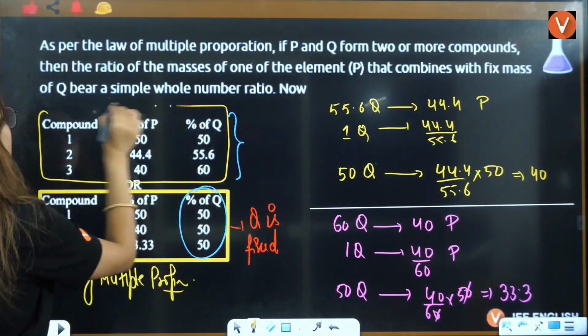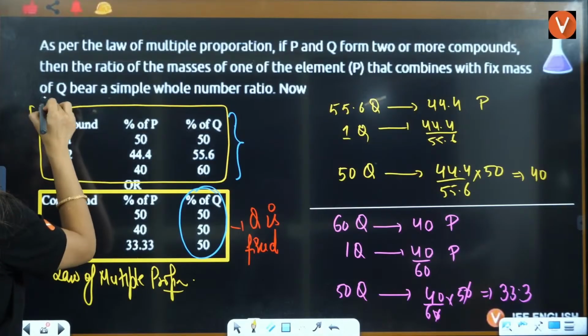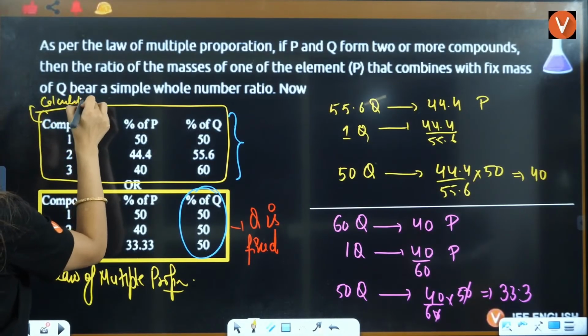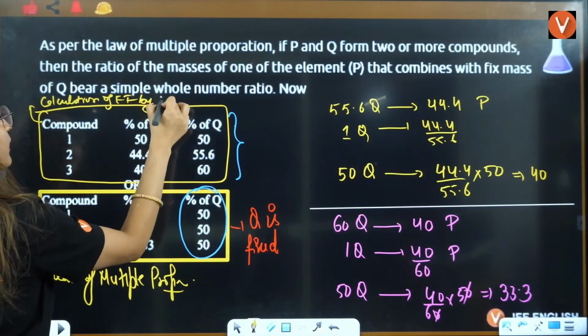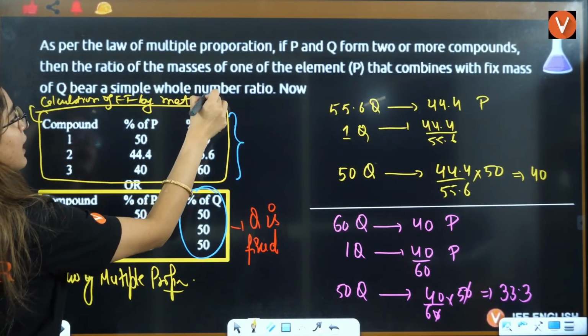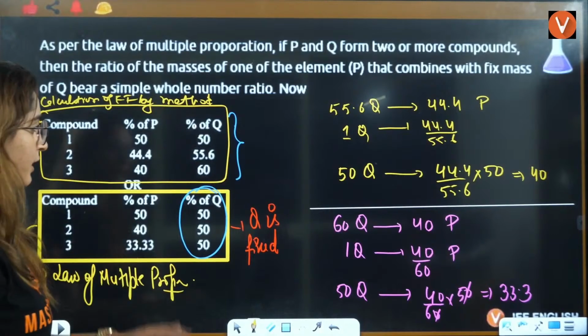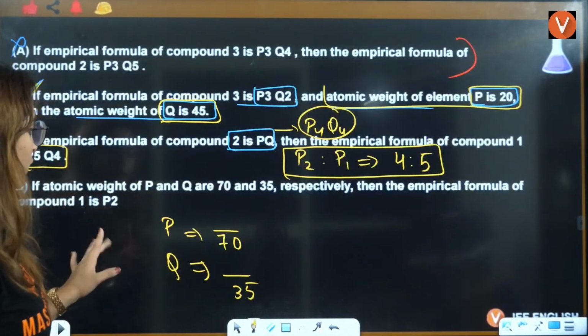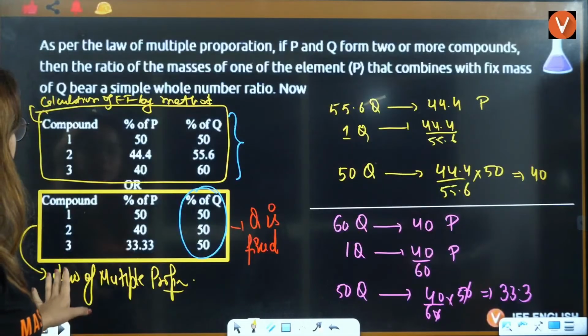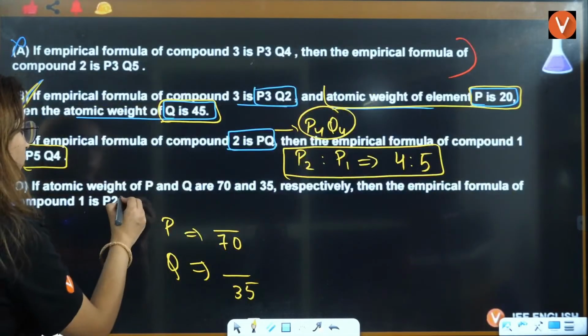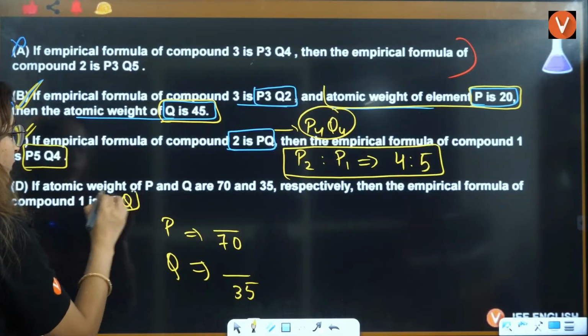This table is for calculation of the empirical formula by the proper method. So here, the empirical formula of compound 1 should be P2Q, they are saying.